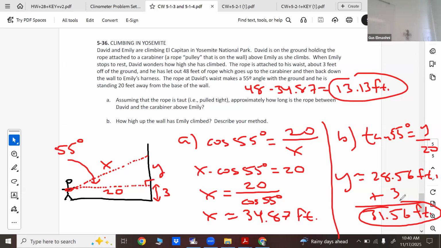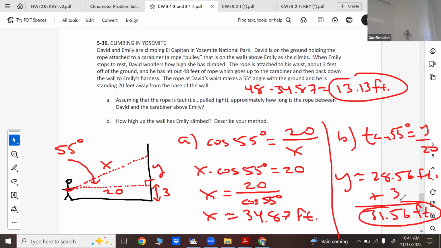So here's really what's happening. There's some sort of other structure here. So to answer your question, let's call the points A, B, C. If I add AB to BC, that's 48. AB, of course, I solved for, which was 34.87. This right here is what they're asking for, because you have to have some other structure.